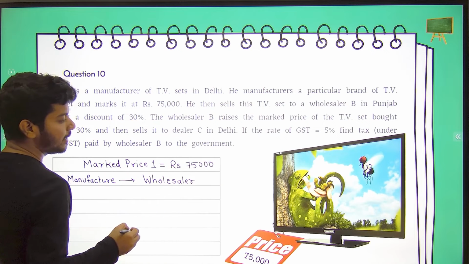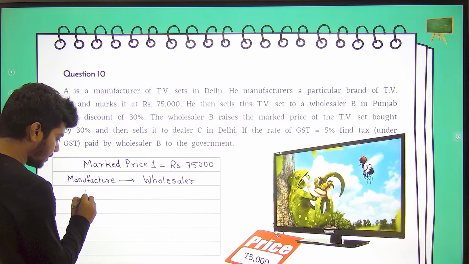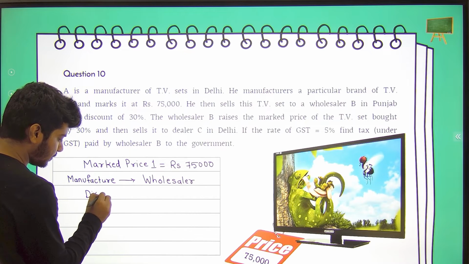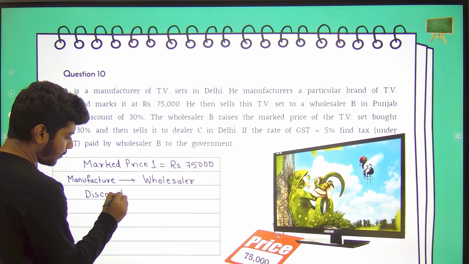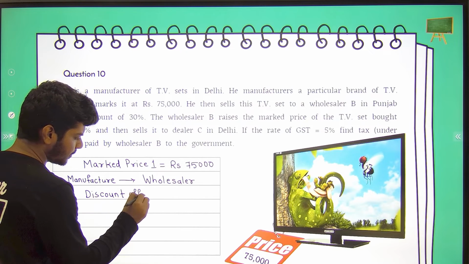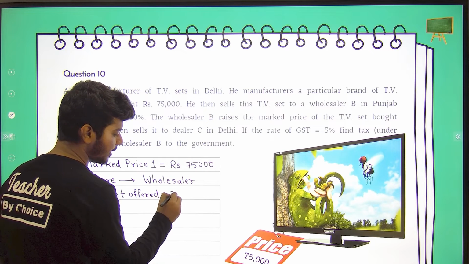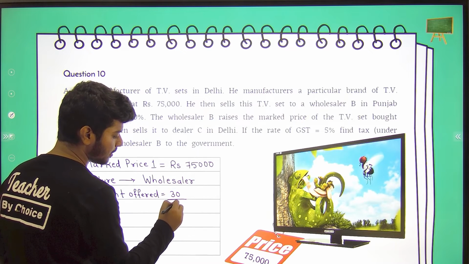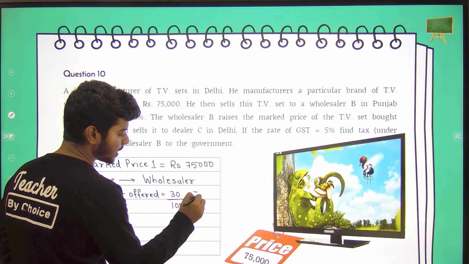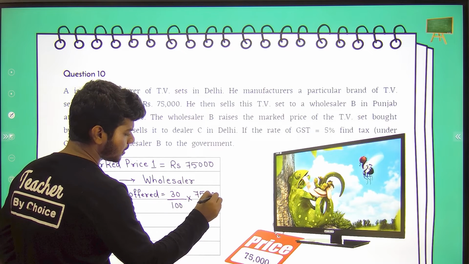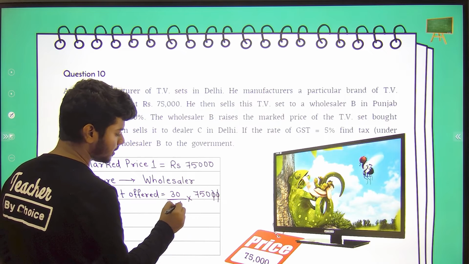First calculate the discount offered. Discount offered is equal to 30% of 75,000. 0 cut, 0 cut, 0 cut, 0 cut.